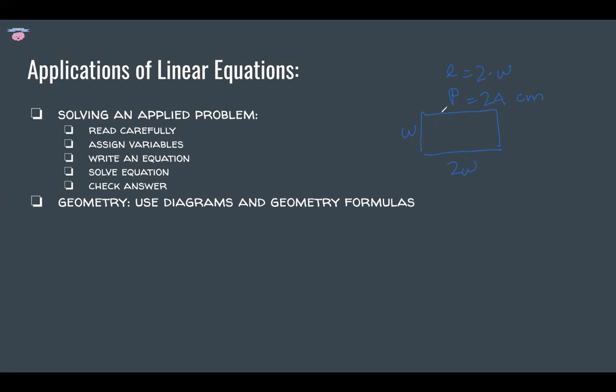Now we also know something from geometry. Perimeter is equal to width plus length plus width plus length. It's the sum of all the sides.